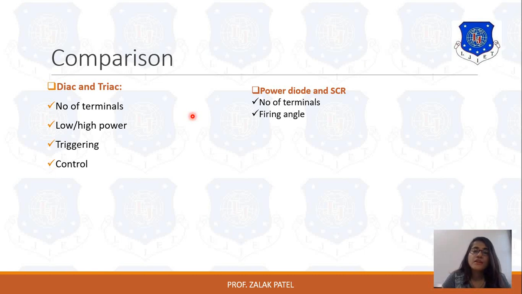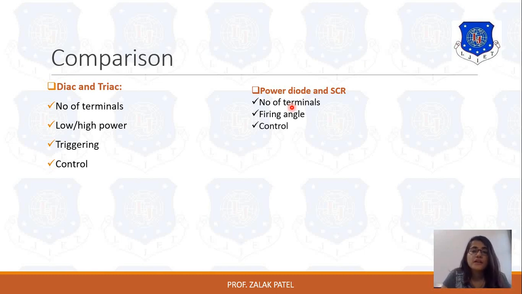Firing angle: we already discussed the classification of power circuits, where we saw the diagrams of power diode as a rectifier and as an inverter. In that case the waveform offers the alpha angle as a firing angle in case of SCR, and that will be absent in case of power diode.